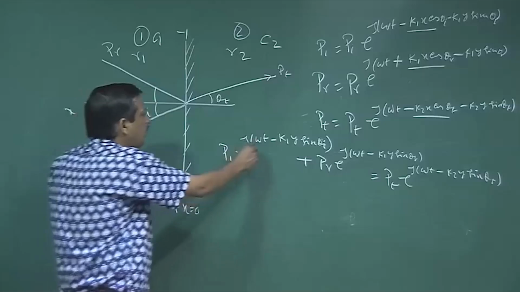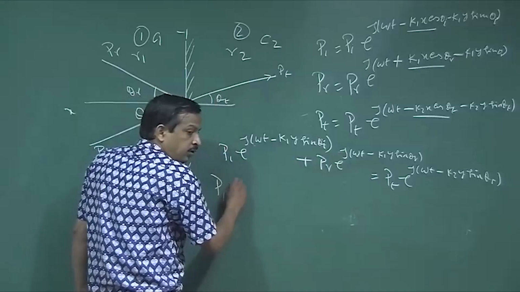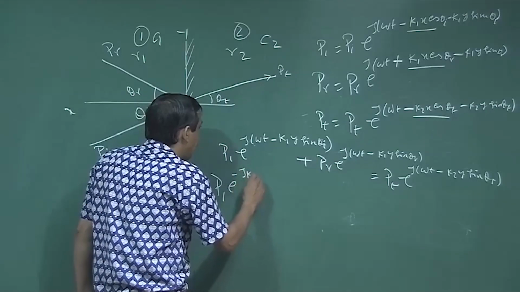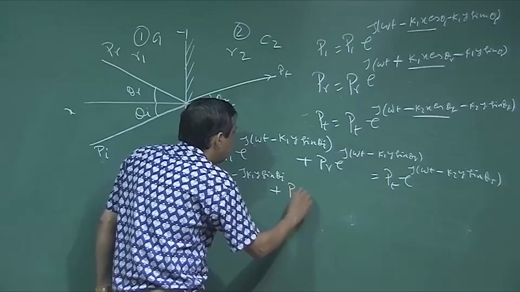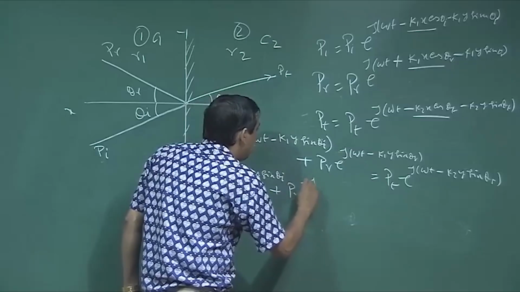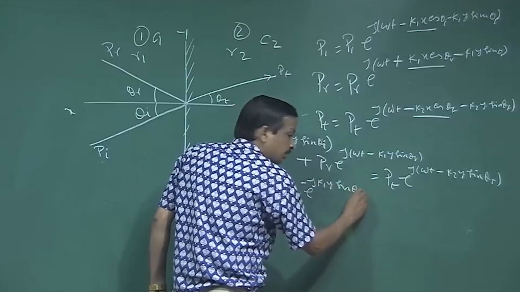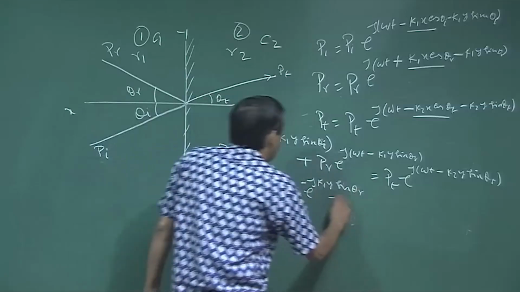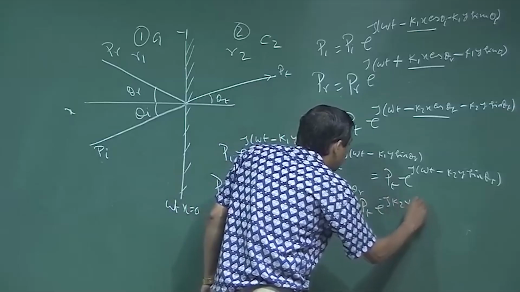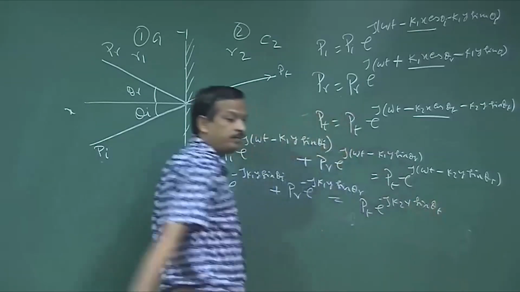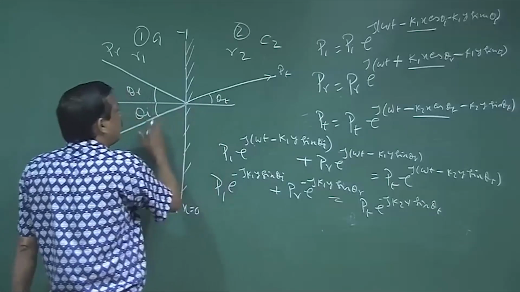The e to the power j omega t drops out, so pi e to the power minus j k1 y sin theta i plus pr e to the power minus j k1 y sin theta r is equal to pt e to the power minus j k2 y sin theta t. This is condition number 1: pressure on both sides will be equal.